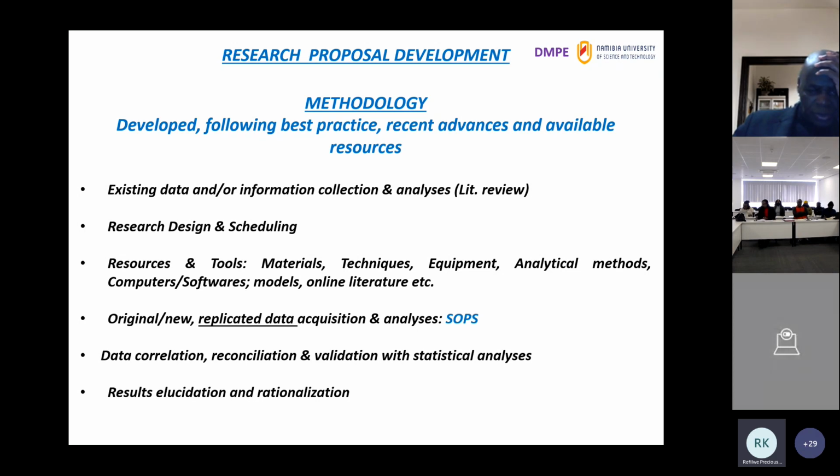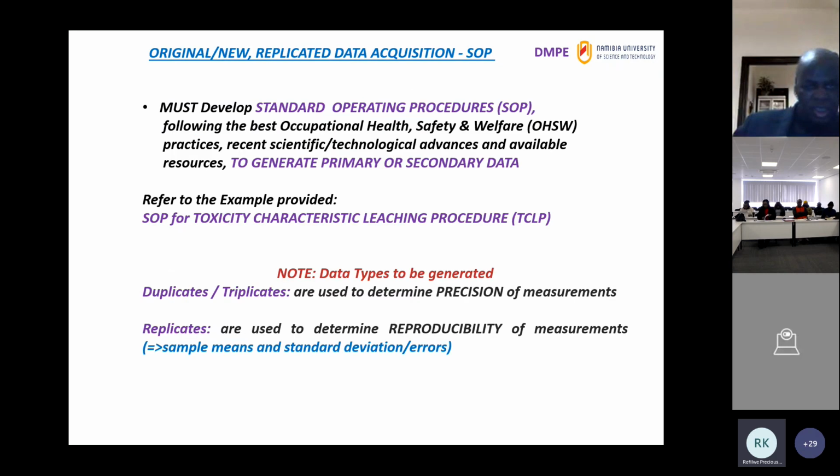Therefore, for all the findings, you need to elucidate and rationalize why they make sense or why they don't make sense. And we have to think about standard operating procedures, right?